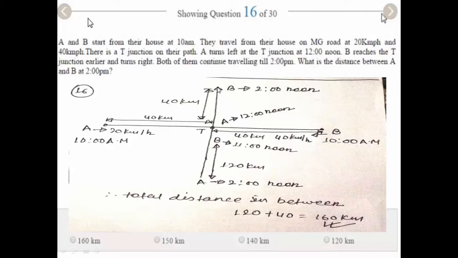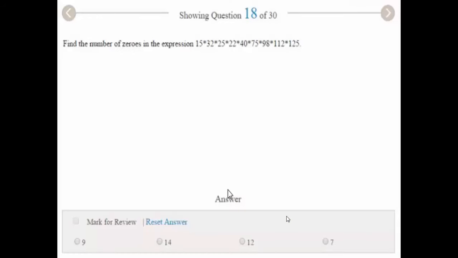So in 2 hours it completes only 14 kilometers. So the total difference of distance between A and B is 120 plus 40 equals 60 km per hour. Okay, that is clear.